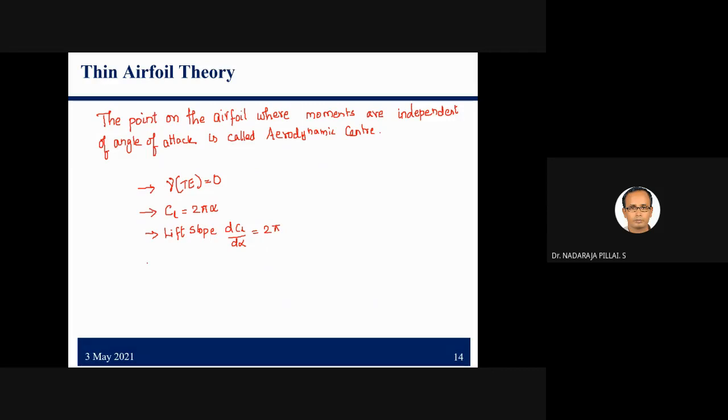And then we have arrived at a conclusion on moments that the center of pressure and the aerodynamic center are located at the quarter chord point for the symmetrical airfoil, and both are the same, right? Both are located at the quarter chord point. That's all the inference of the thin airfoil theory.